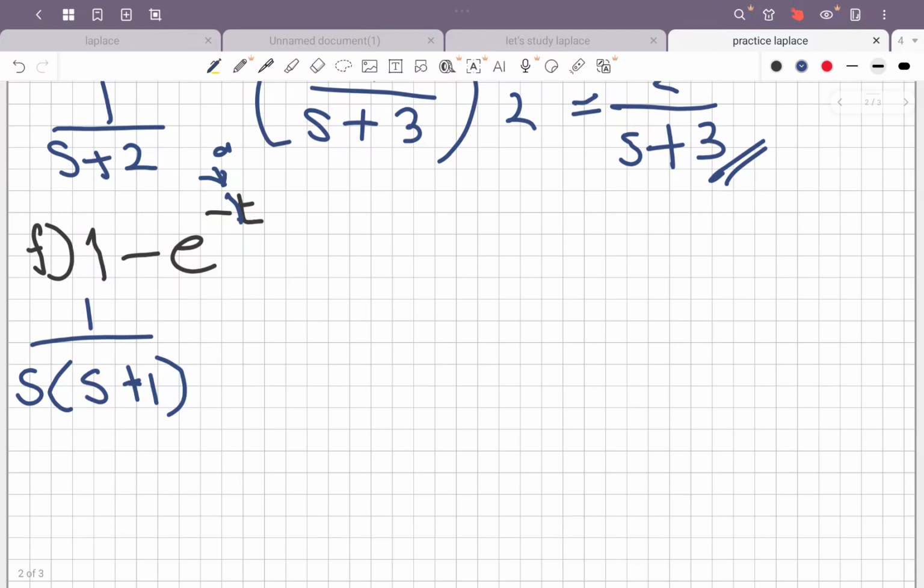Alright, let's cover question G now. For question G, we will also use rule number 10.